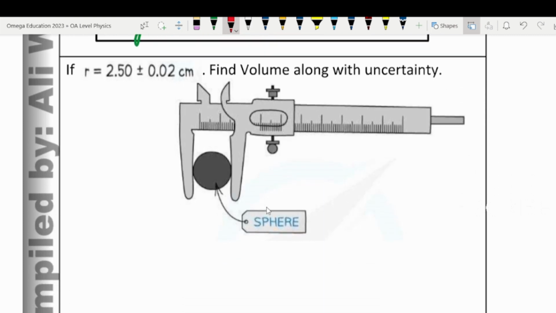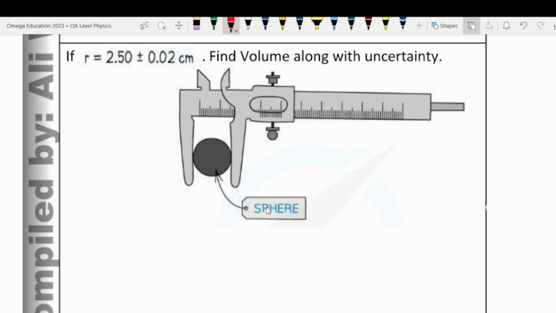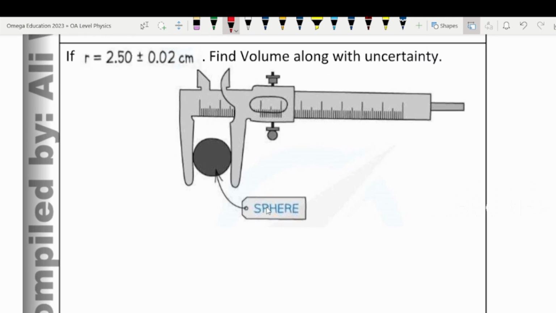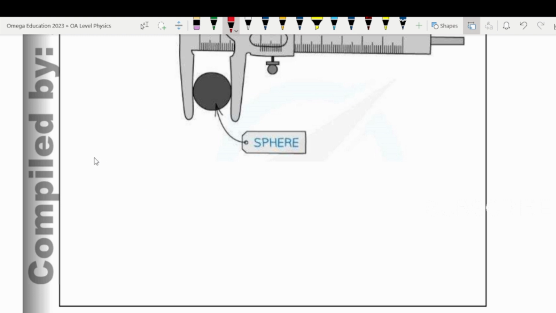So here we have a sample question. The radius of a sphere is 2.50 plus minus 0.02 centimeter. Find the volume along with the uncertainty. So first I'm going to just find the volume, and then we do the uncertainty as well. Radius is 2.5, keep it in your mind. The formula for the volume of a sphere is 4/3 pi r cubed. We got to speed up here.